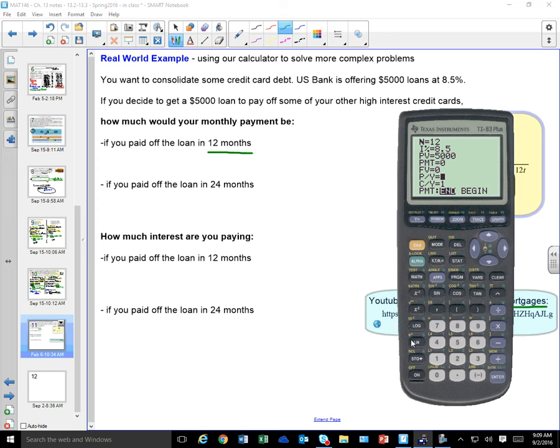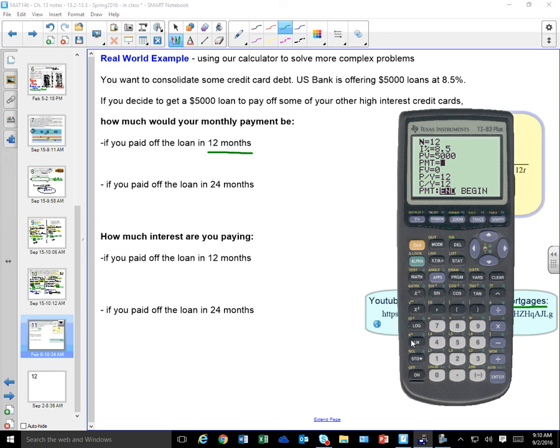And then down here, generally, when we're doing types like these where we have monthly payments, the PY and the CY are going to be 12. The PY means payments per year, and so we're going to have 12 because it's monthly. And CY is compounding per year, which is also going to be 12. These are generally going to be 12 for these sections.